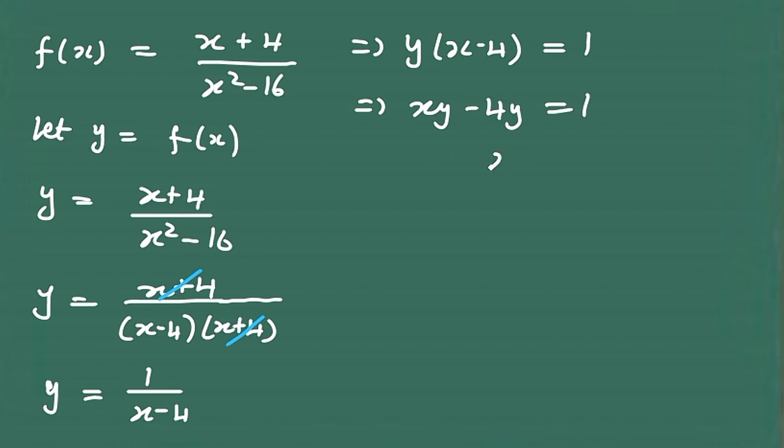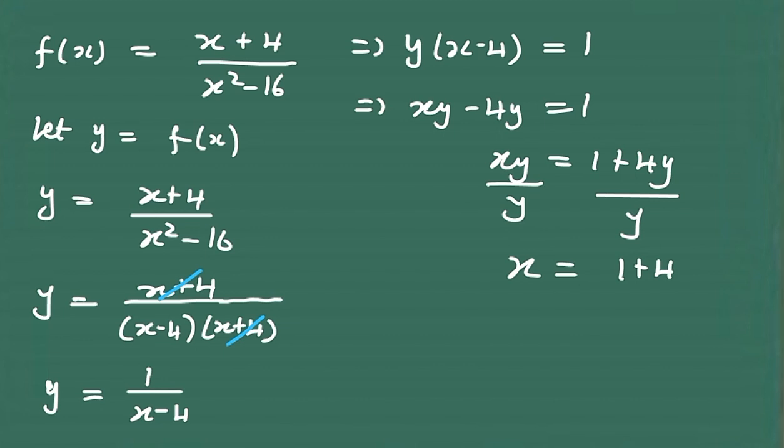Grouping like terms, this will be xy equals 1 plus 4y. So from here, dividing through by y, we are going to have x equals 1 plus 4y all divided by y. But we need to know that y is not equal to 0, because if y takes the value of 0, the function will become undefined.